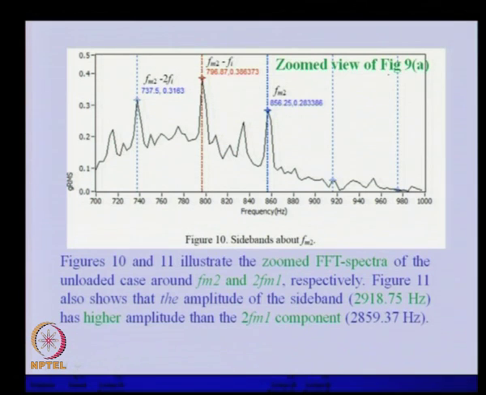In this, you can see this is FM2, there is a modulated frequency, that is the sideband FM2 minus Fi, corresponding to the speed of the shaft, and this is FM2 minus twice Fi. These are the sidebands which are more predominant than the actual tooth missing frequency because of the severity of the fault.